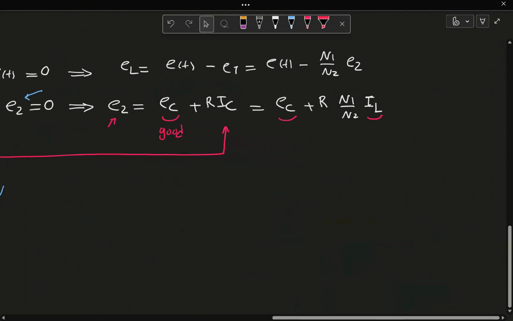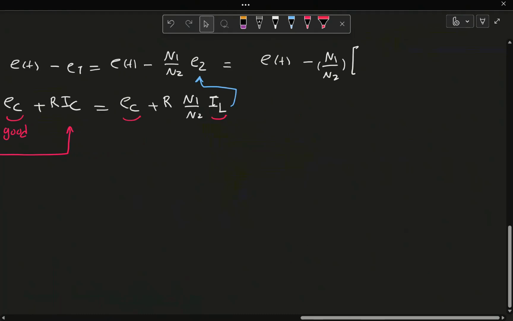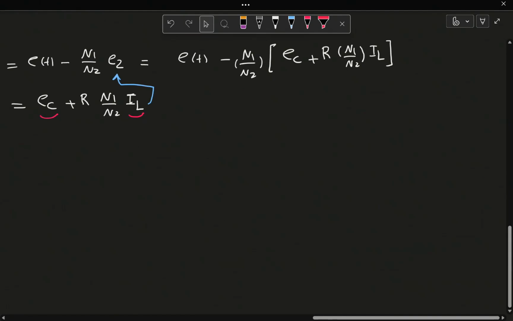And by the way, you have a nice equation for E2. You can substitute it here as ET minus N1 over N2, all of it multiplied by the value for E2, which is EC plus R N1 over N2 IL. Yes, guys?